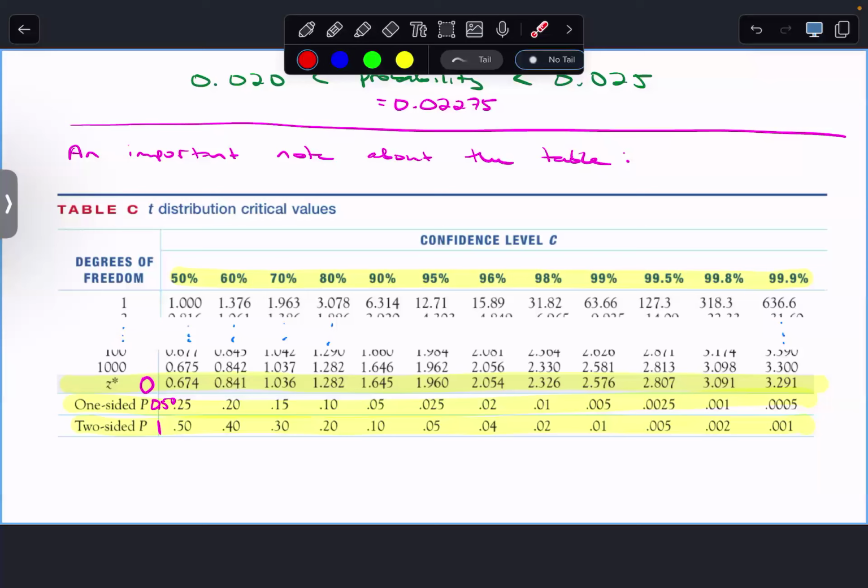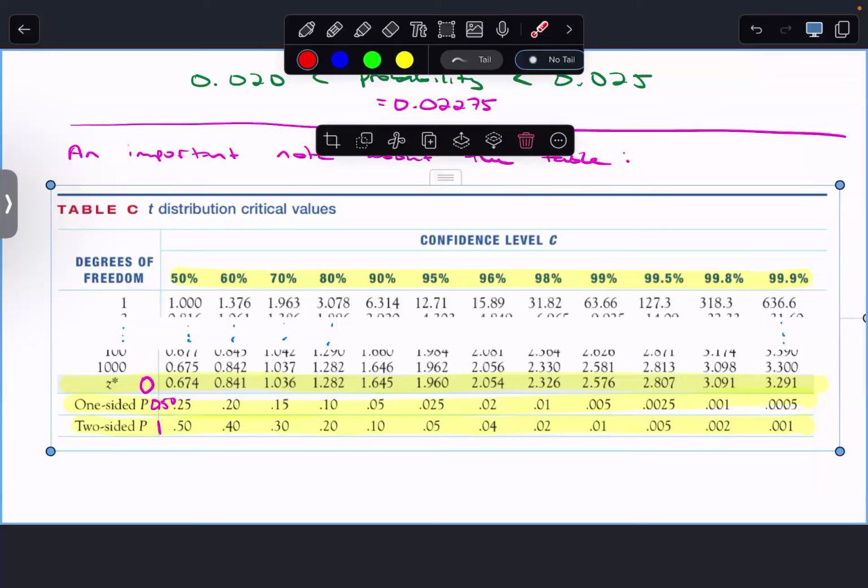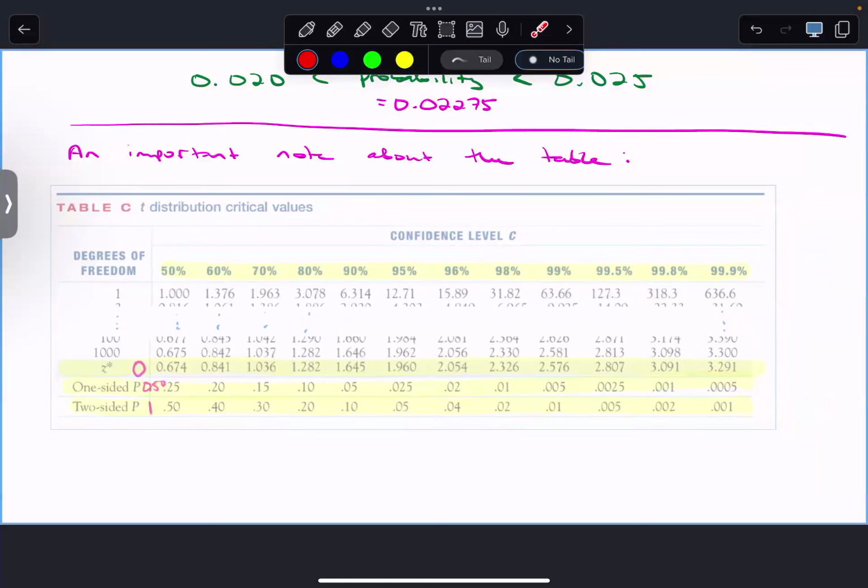And what about here? We also know that the curve continues, not just past 3.29, but it keeps going to infinity. So at this point, what they said was, who cares?